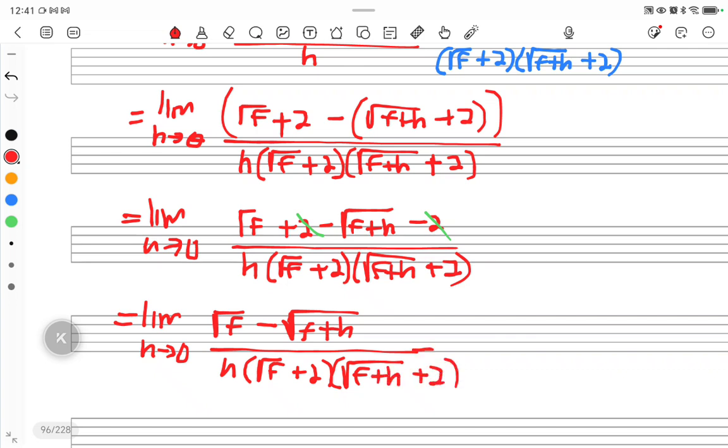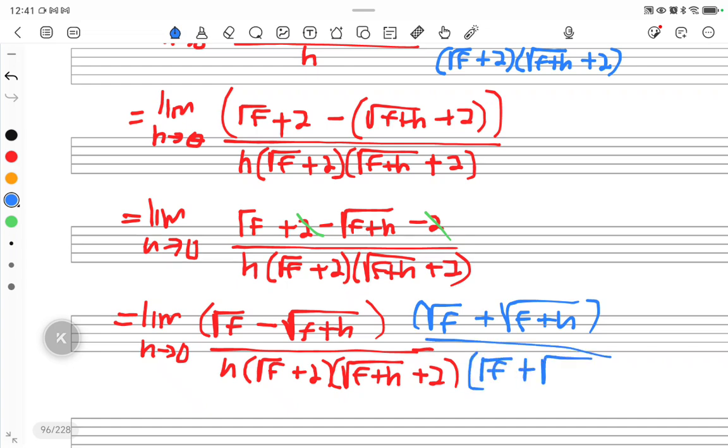Right? And then this would cause us to rationalize. We would come and say root of f plus root of f plus h.